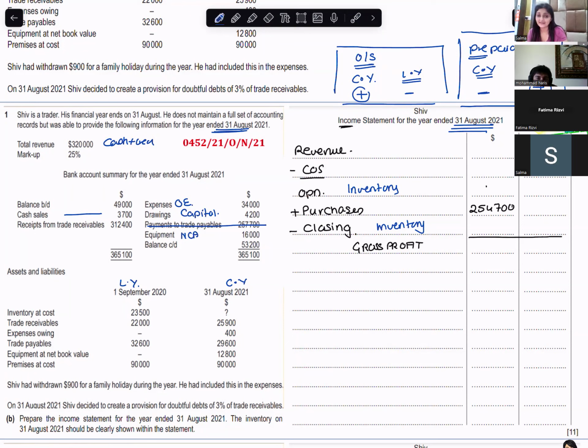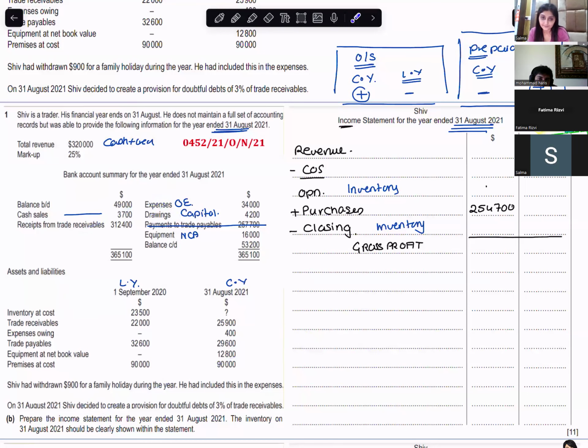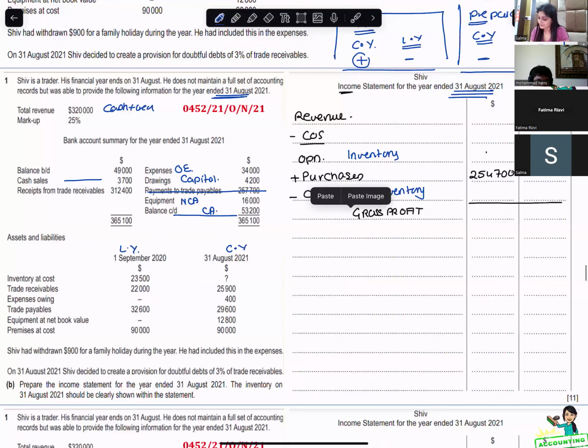No, I'm reading it now. Either you could take one piece of information, see everything and then record, or read, mark and then record. I've not yet started writing it. Equipment is 16,000 and this is the closing balance of the bank account, which should come in the current assets.